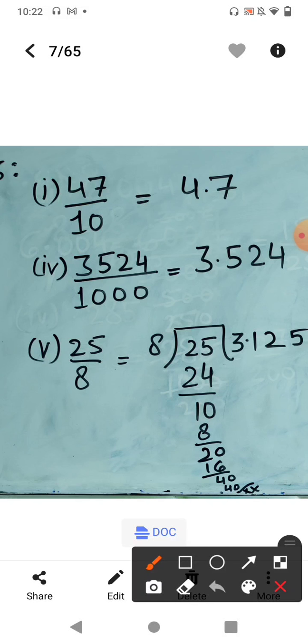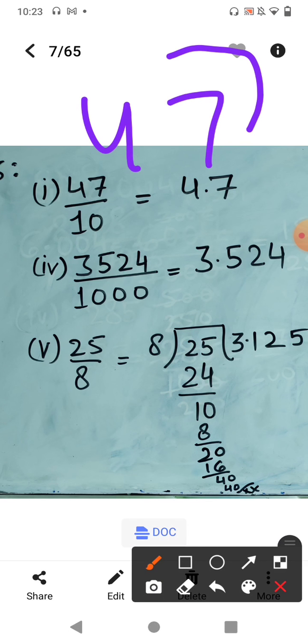So 47 by 10. So we'll write here 47 first. 1 0 was there, so we'll start from the extreme right side and go towards left one place and we'll put one decimal here. So 4.7 will be the required answer.